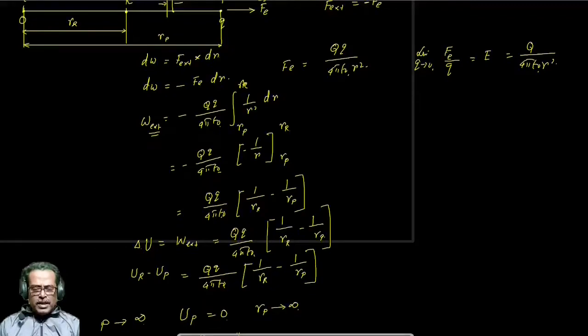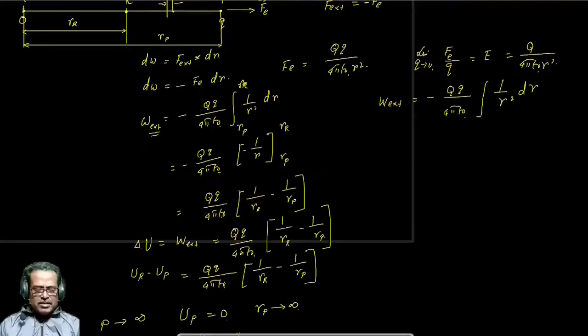Now, what will be the expression for external work? W external is equal to minus q by 4 pi epsilon 0 into 1 by R square dr.